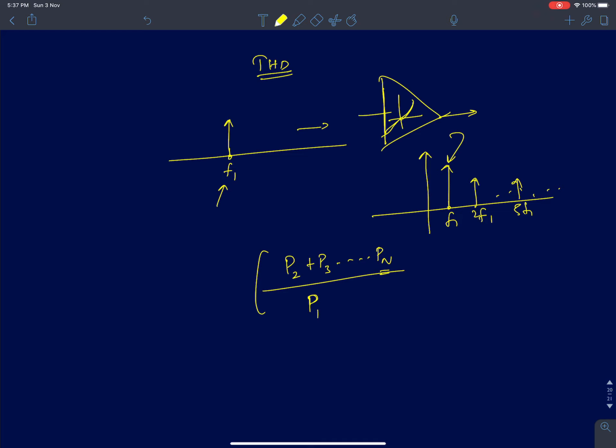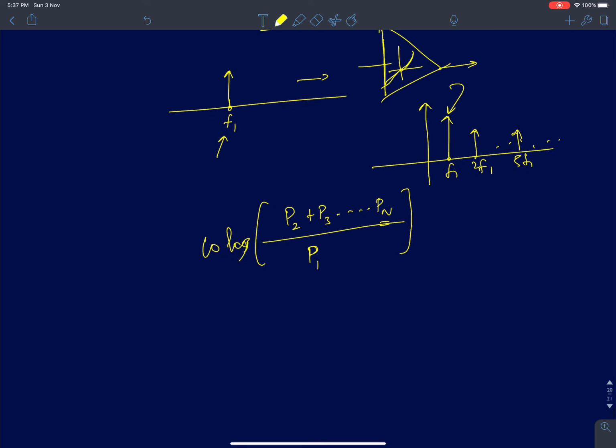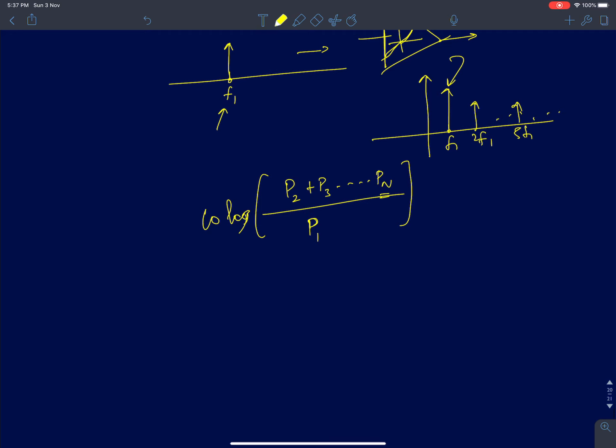So this gives you a metric. We can either multiply it by 100 or take 10 log of this quantity and express it in decibels. Or we can simply write it in terms of RMS quantities.